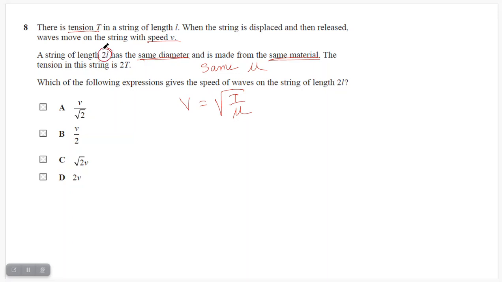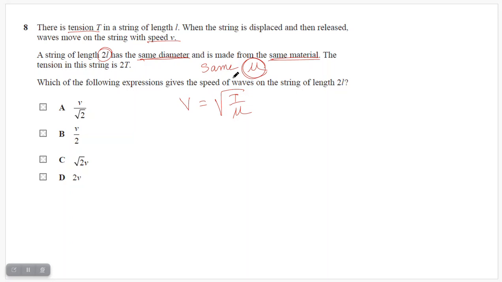The length has doubled, I get it. But since the diameter remains the same and the material remains the same, as the length increases, mass increases proportionately, right? So the value of mu remains the same. This is a very important point to address for this specific question. Which of the following expressions gives the speed of the waves on the string of length twice L?